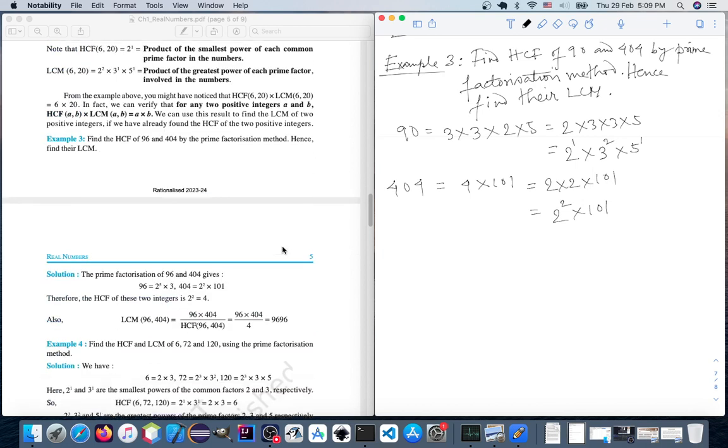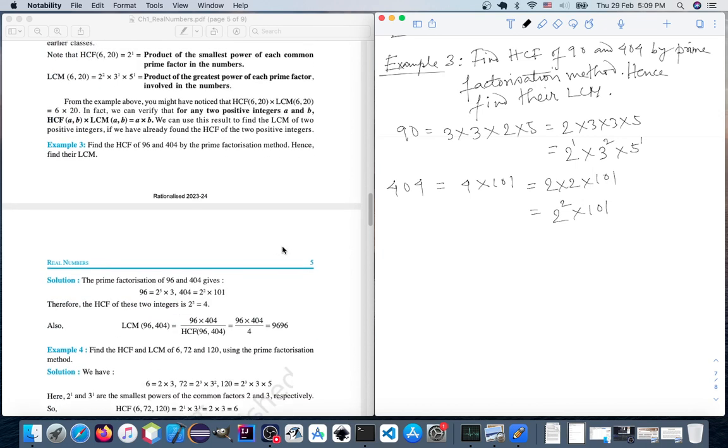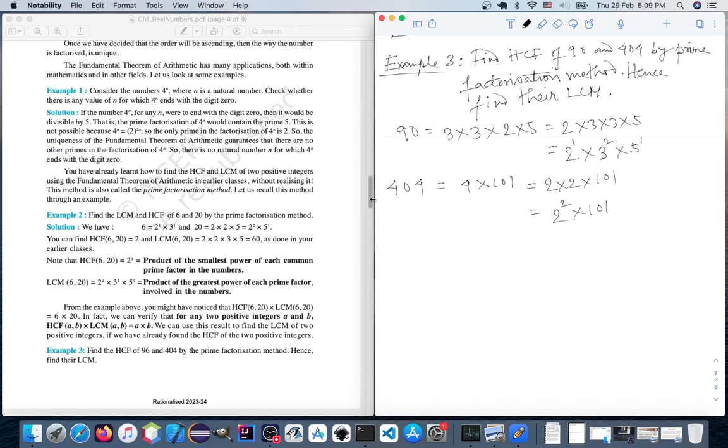So now what will be the HCF of 90 and 404? How do you find it? The process was, first you write down the common prime factors of 90 and 404.